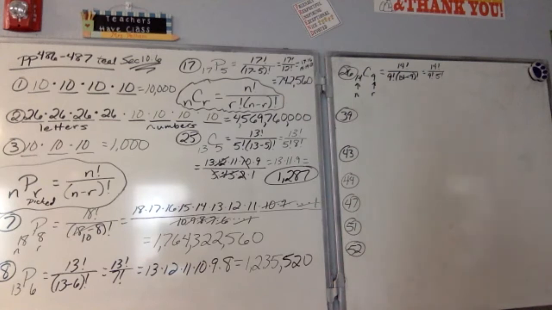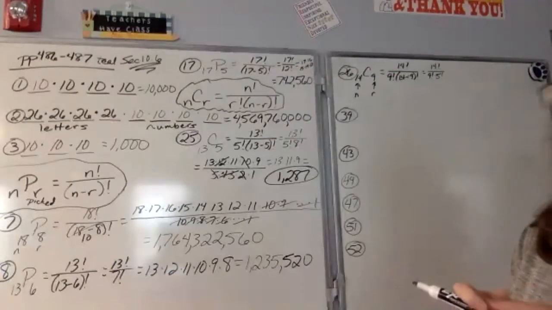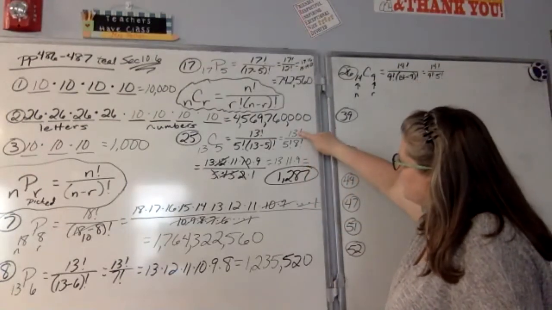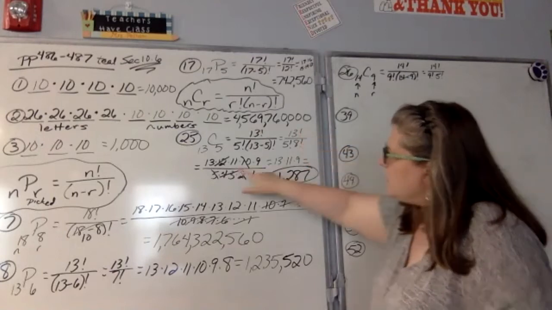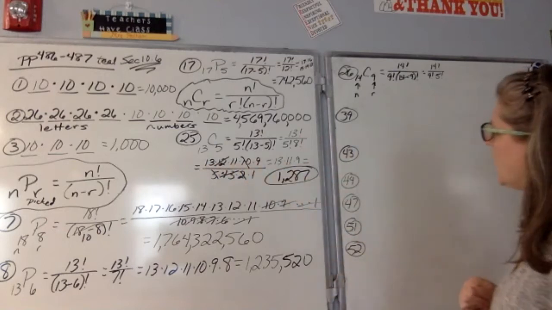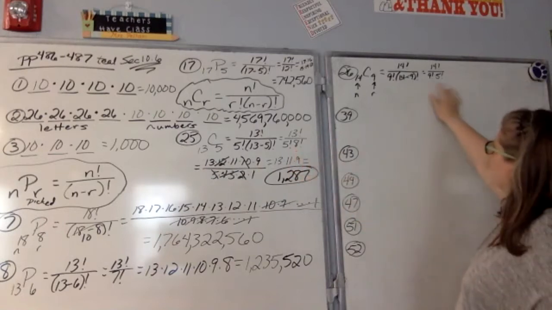Now, I want to try to simplify the best way I can. On number 25, I went ahead and canceled out the 13 factorial with the 8 factorial from the bottom to get 13, 12, 11, 10, and 9 left on the top. Because this is the bigger number. On this one, my bigger number is in the front.